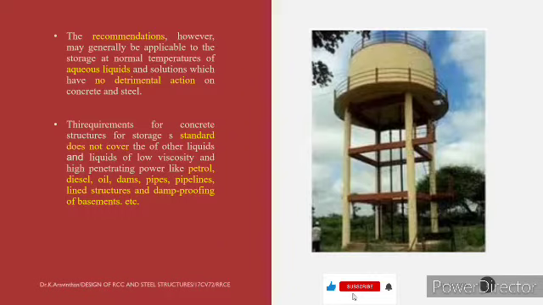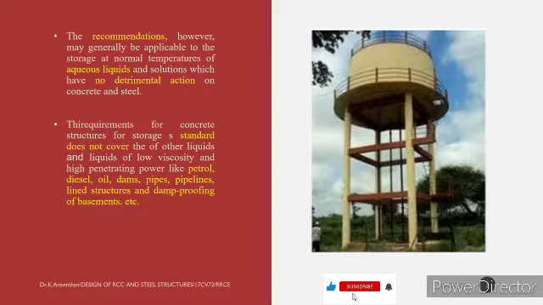You should follow those code books in order to design pipes, pipelines, lined structures and damp proofing of basements. For a dam we have a particular Indian Standard code book and other standard codes, and pipes and pipelines similarly.